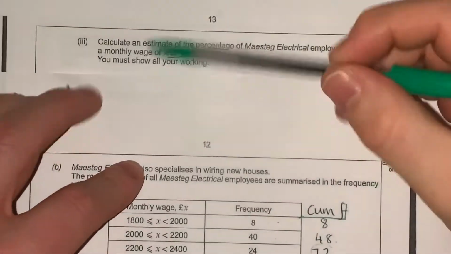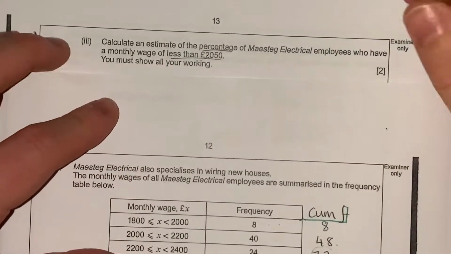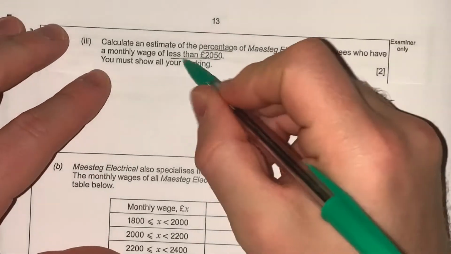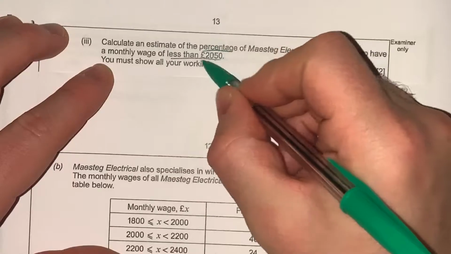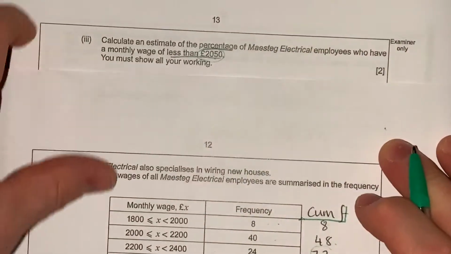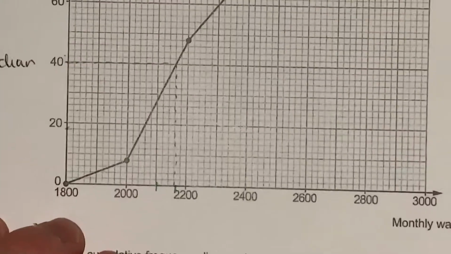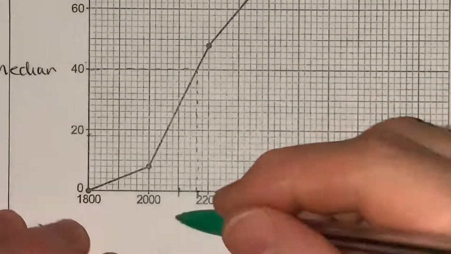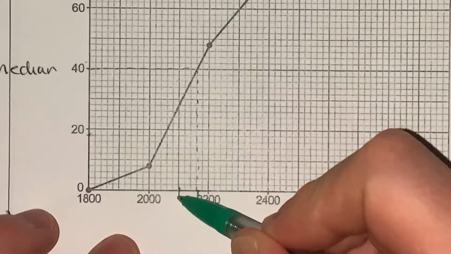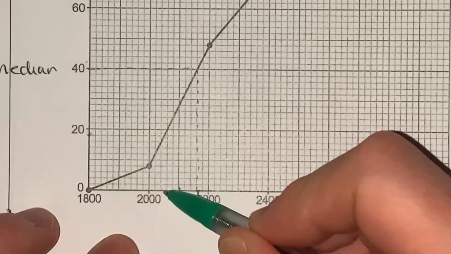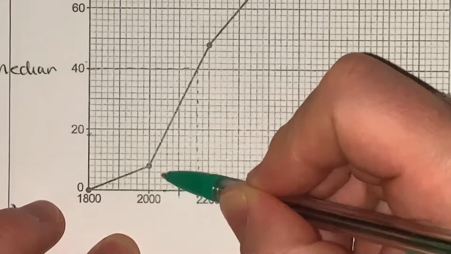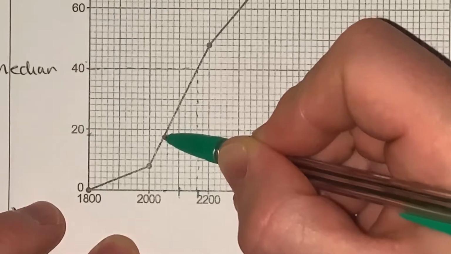For this bit, it says calculate an estimate of the percentage of people, so we know it's got to be out of 80, with a monthly wage of less than £2,050. So go back to your diagram. If I zoom in here, 2,100 would be there, so 2,050 has got to be in the middle, which is here. If you follow my pen up, it falls on this line.